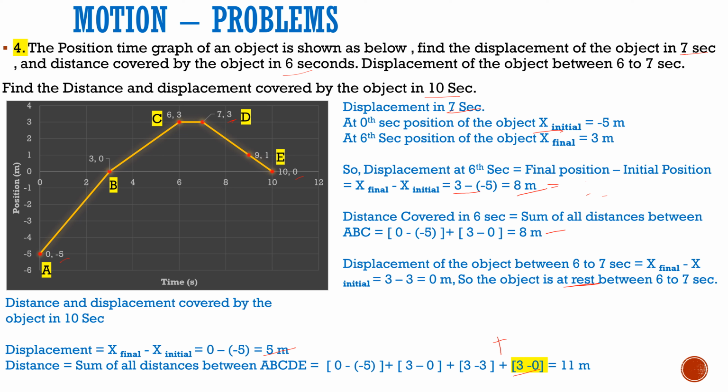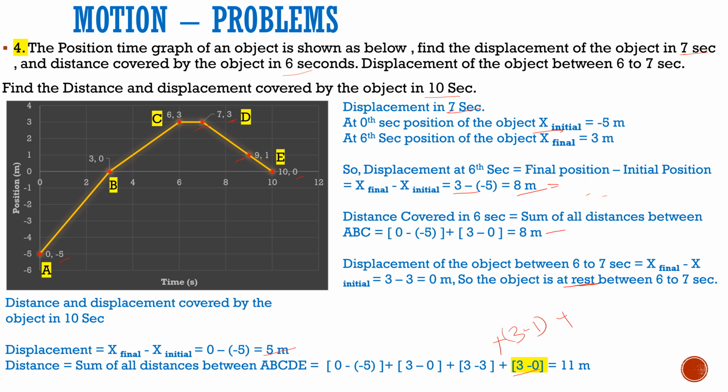First we'll do between this point and this point. So it is nothing but 3 minus 1. That is one thing. And then plus, instead of 0 minus 1, we'll say 1 minus 0, because distance is always positive. Distance increases. It is not dependent on direction. If we say minus 1, that means we are considering direction.